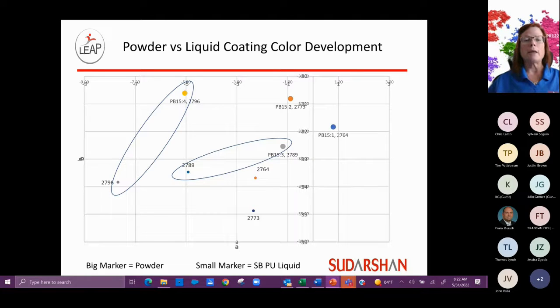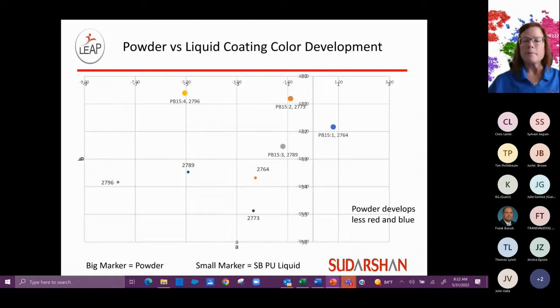In both cases, the liquid formulation develops more green and more blueness with respect to the color development. So as I mentioned, formulation and dispersion process is what will result in your ultimate color. So in comparing these two coatings processes, the powder coating formulation and process develops less red and less blue overall than the liquid.